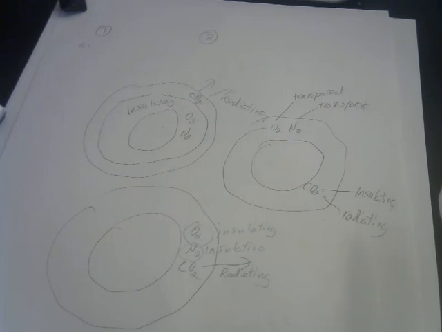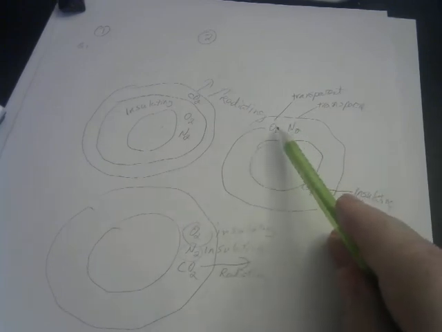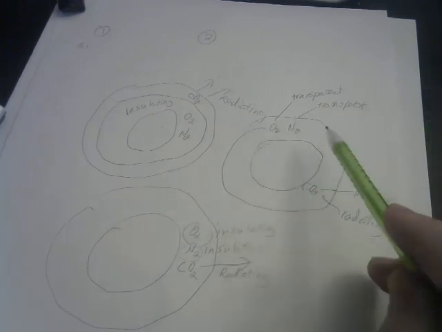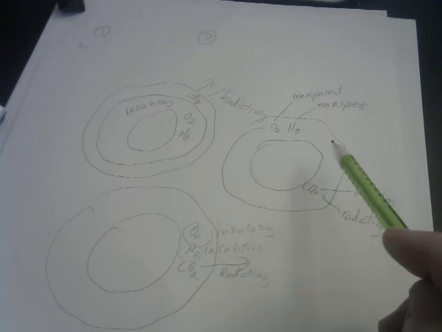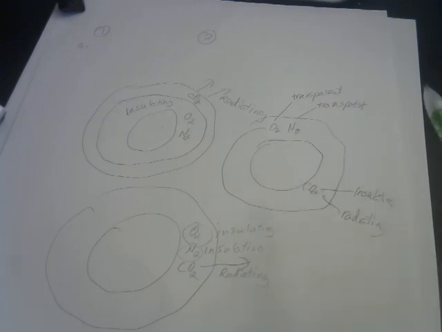On the other hand, this is what I think is going on. The oxygen and nitrogen are both completely transparent, so they have no insulative effect on the planet at all, while carbon dioxide and methane and other non-diatomic gases have both an insulating effect and a radiating effect.